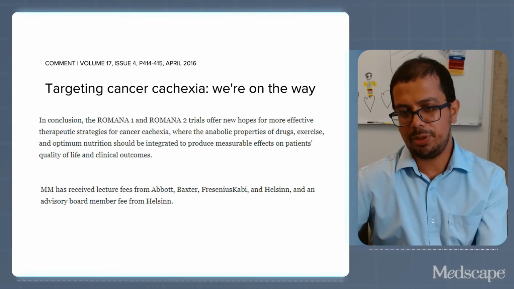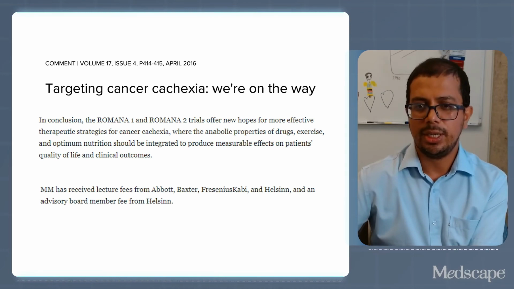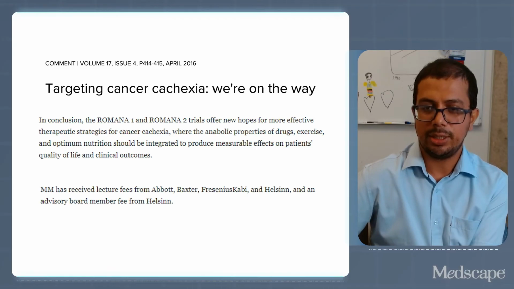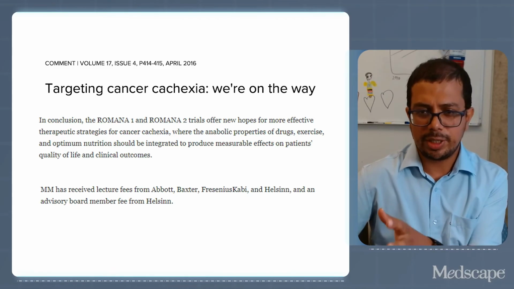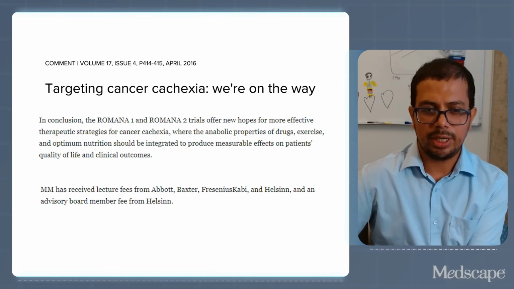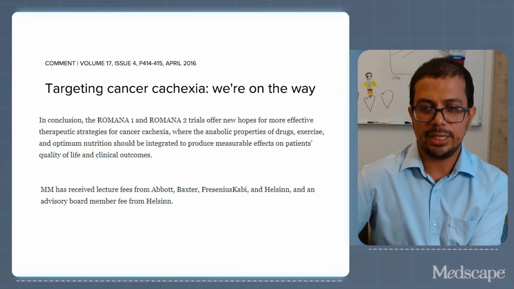Based on my previous video, of course, I saw that the paper was written by the industry, as you can see here. But then I was interested in the editorial, because the editorial is supposed to put things into context and provide correct inference. But when I read the editorial, it also says that actually this drug offers new hope for our patients.